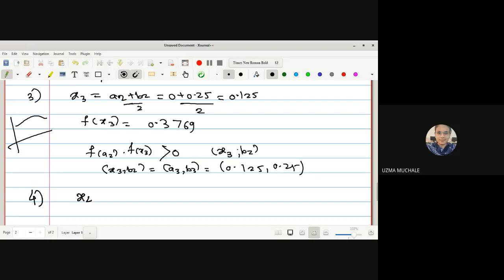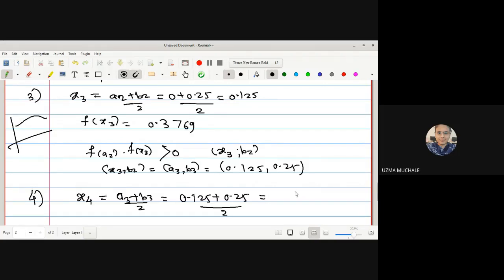We have to find out the value of x4 is equal to a3 plus b3 divided by 2. a3 is nothing but 0.125 plus 0.25 divided by 2, which is nothing but, what is the answer for this? 0.125 plus 0.25 divided by 2.